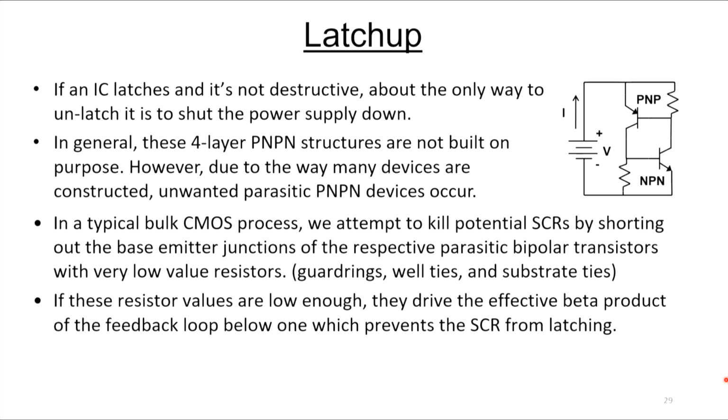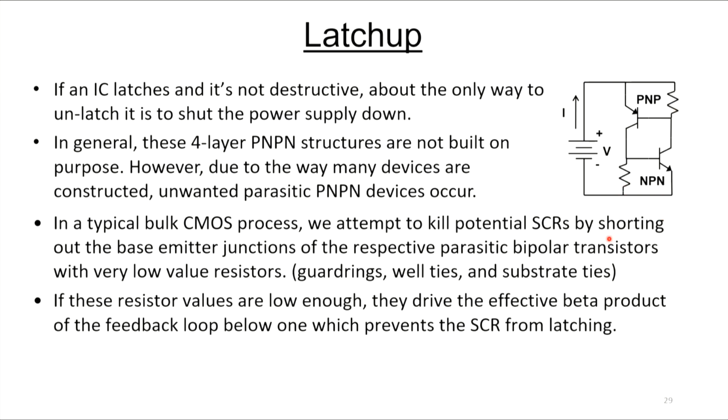However, due to the way many devices are constructed, you end up with unwanted parasitic PNP devices all over your circuit. So in a typical bulk CMOS process, we attempt to kill the potential SCRs by shorting out the base emitter diodes. And I show resistors shorting out the base emitter diodes here.